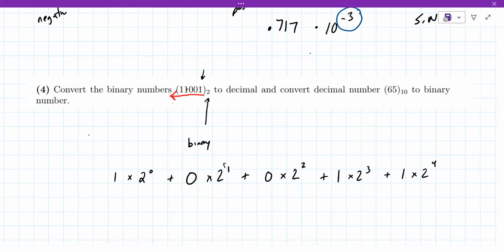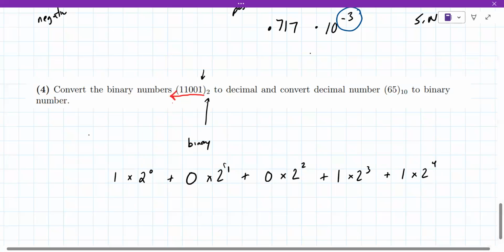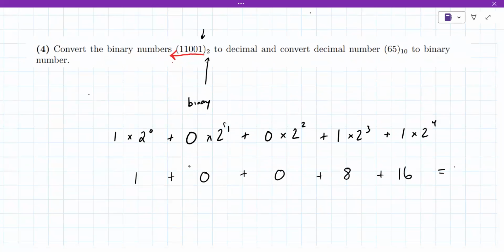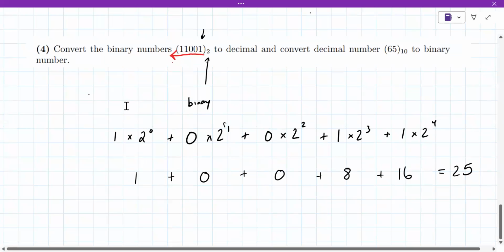So you have to be able to calculate all this. This is 1 plus 0 plus 0 plus 8 plus 16, which equals 25.